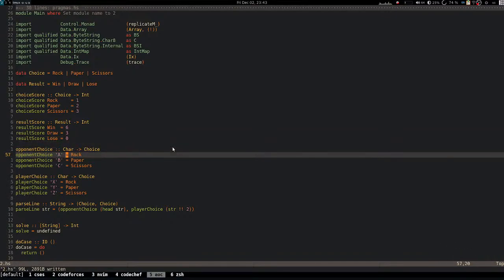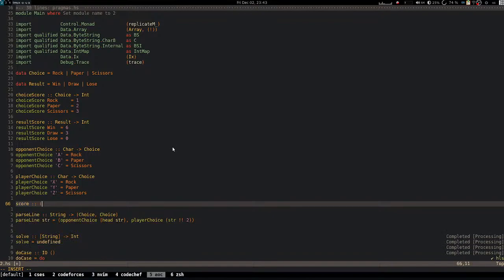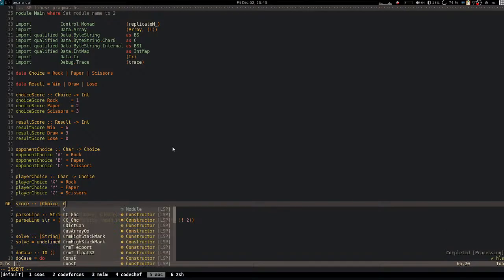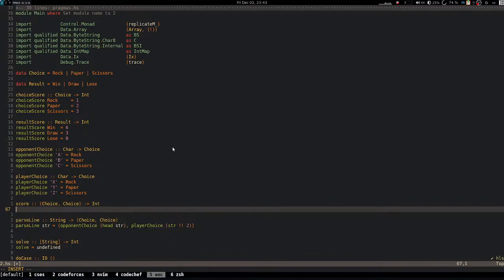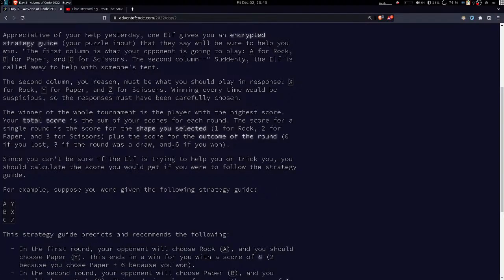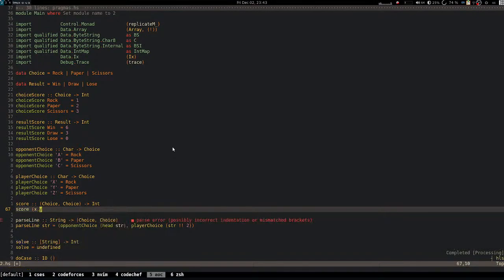The last thing is our score function. The score function takes a pair of choices and returns an integer. The second is our choice score, and then player equals something.